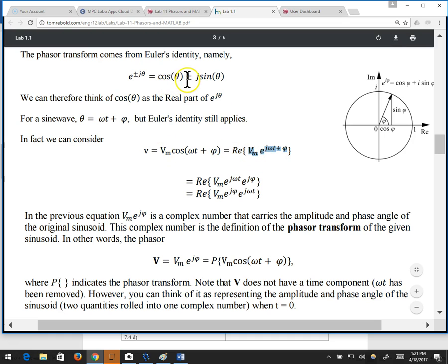We just want the real part. If we just took the cosine part, then we would have a cosine of that phase angle.